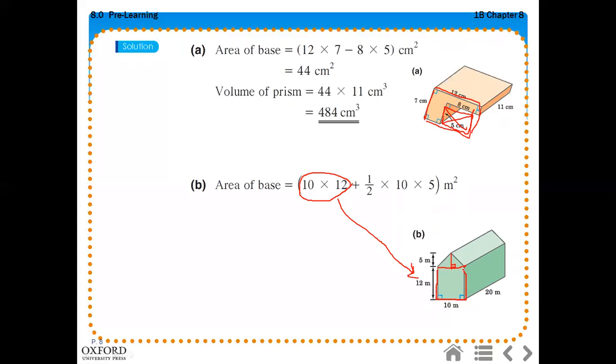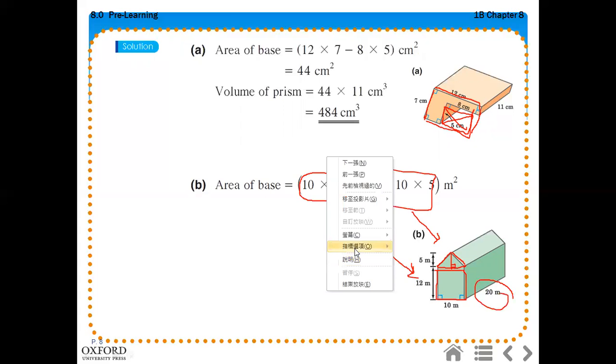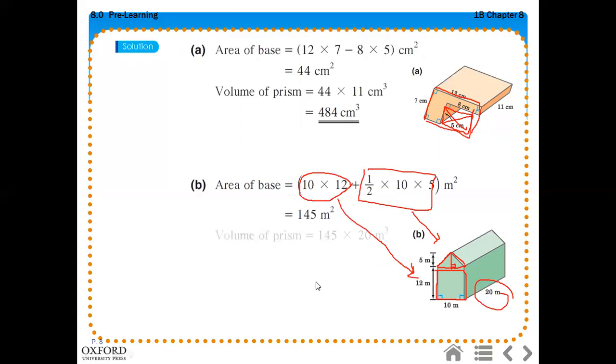And that is the triangle on top. Okay, so you find the base area and volume times 20. So let's have the answer. Okay, so you got it?